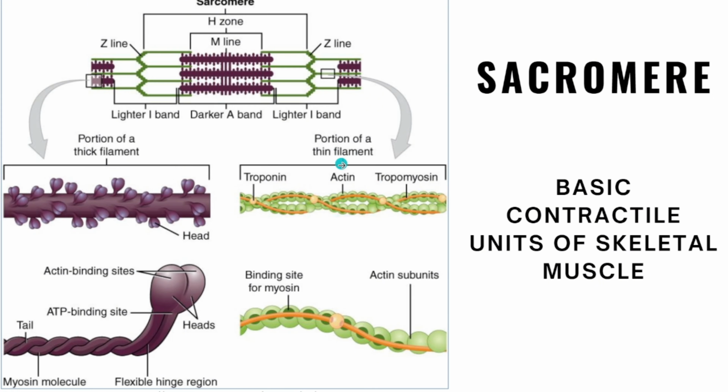Actin is the component in the thin filament. In the thin filament, there are 3 major protein components: actin, troponin, and tropomyosin. Actin is this green one, like a ball. Troponin is this yellow one.